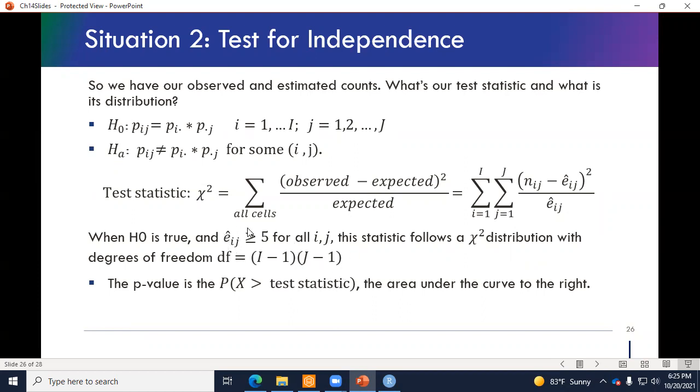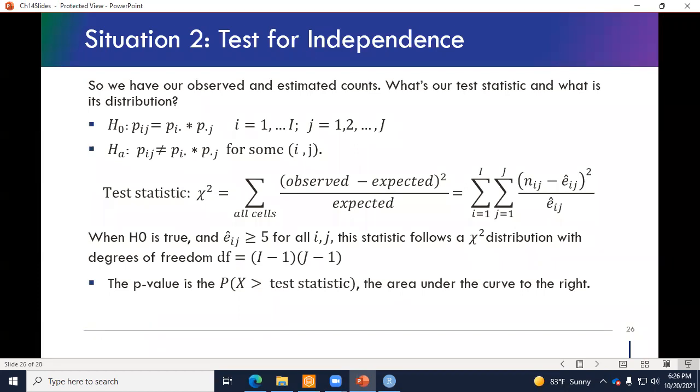Oh, I forgot to mention, we have to make sure the expected counts for all the cells are greater than or equal to 5. This is to ensure that our test statistic follows the chi-square distribution.